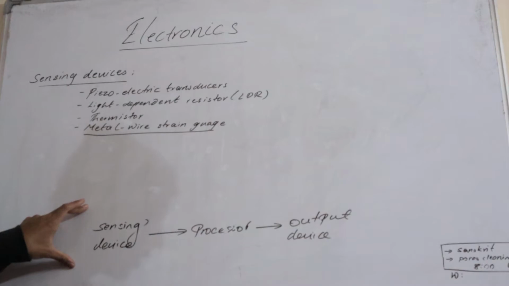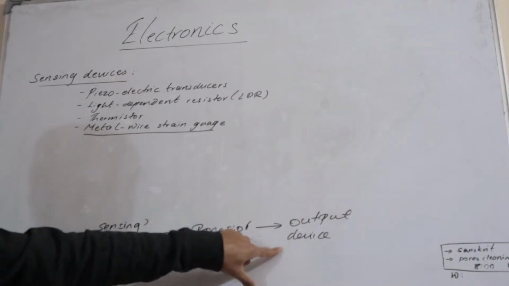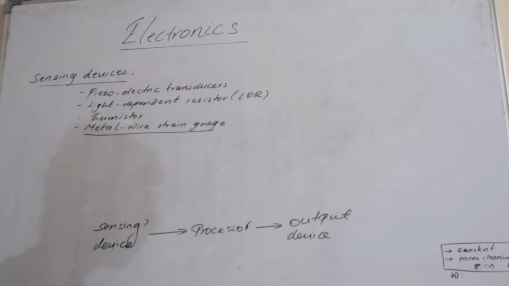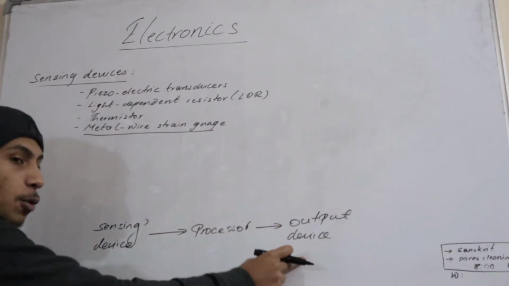Sensing device is the input device. So these all are input devices, then the processor, and this is the output. So in A-level physics, we will study all these sensing devices, processor and output device.